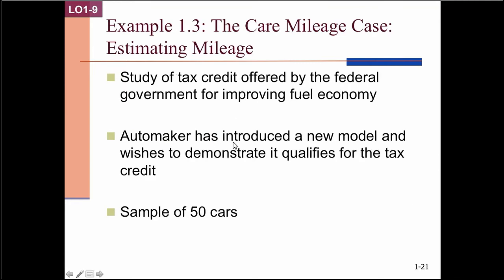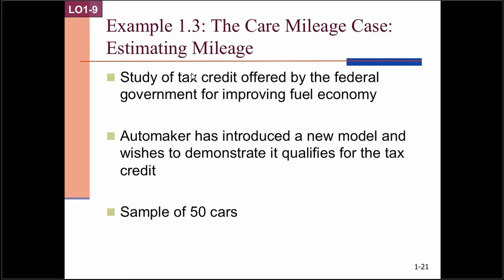The second case we saw, the car mileage case, will estimate the mileage. They are trying to study the tax credit offered by the federal government for improving fuel economy. So if the new design of a car reaches that specific mileage number, this company with their car design is going to be offered a tax credit for the new design.